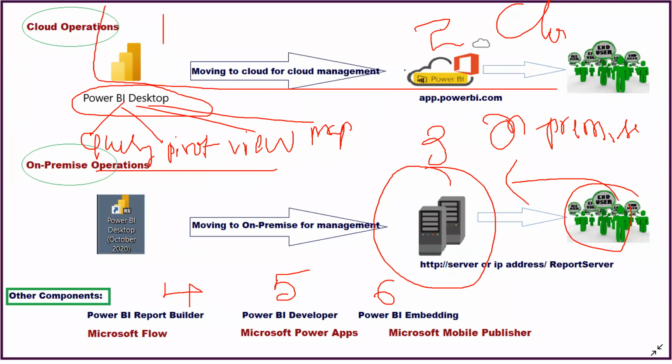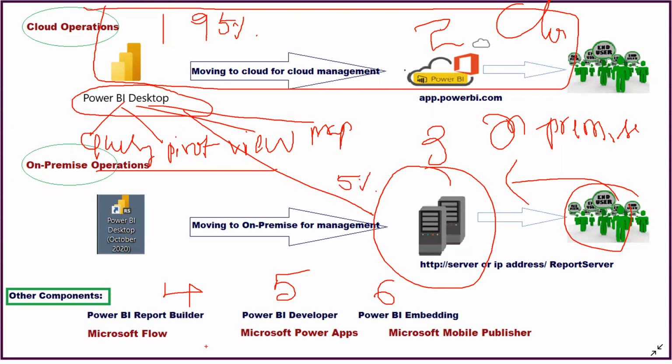Don't worry. This combination you use 95%. This combination you use 5%. And this Report Builder, nowadays 10 to 15% of people use it additionally. These you find in the market. You can see in the opportunities also the same.